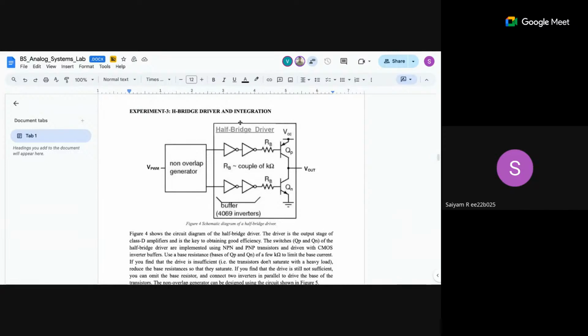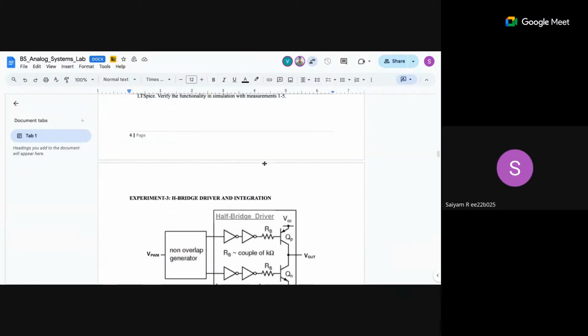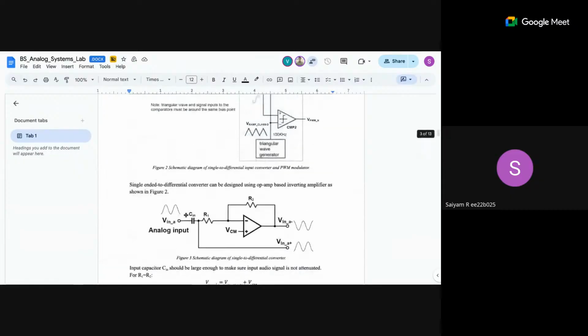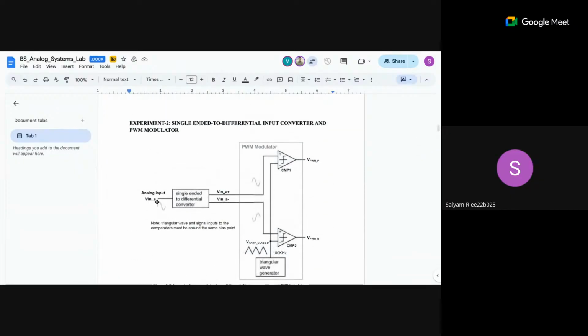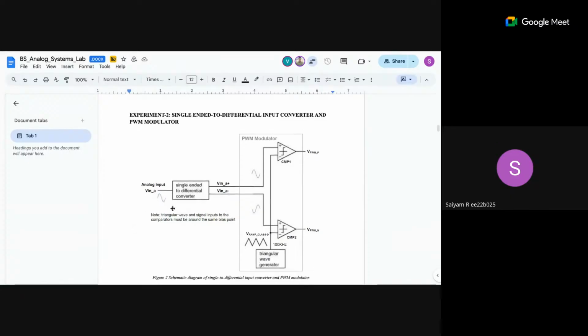For now you can assume that to make this work you have to have a PWM signal. So we have to get this PWM signal from somewhere. How do you do that? Now you are giving an analog input, a sine wave coming in at the input.